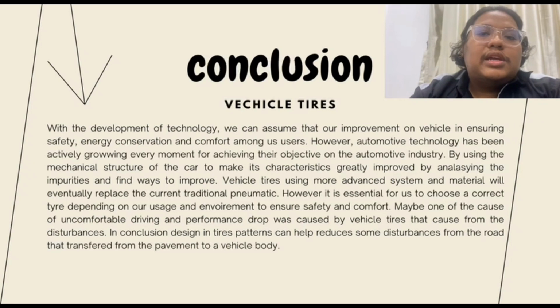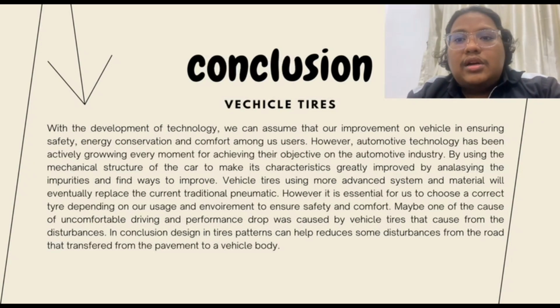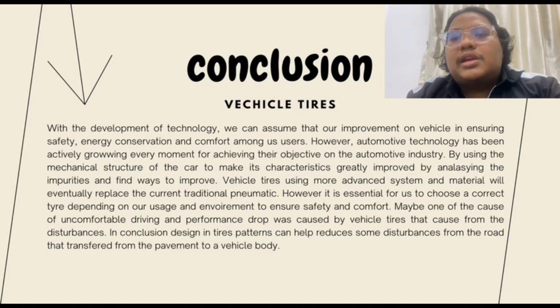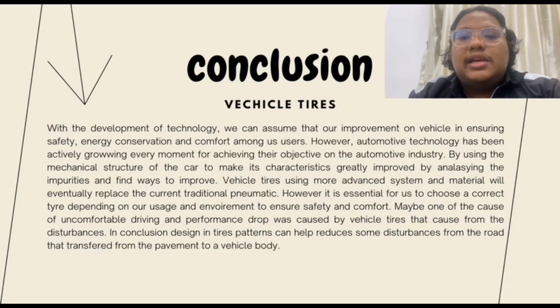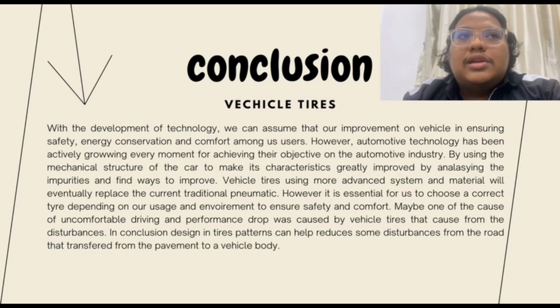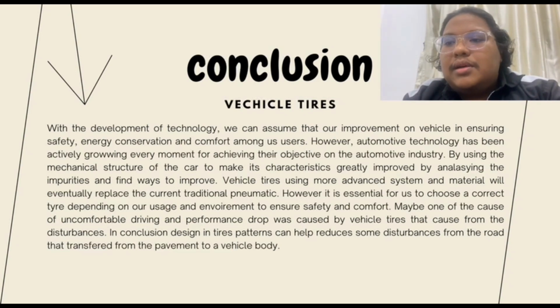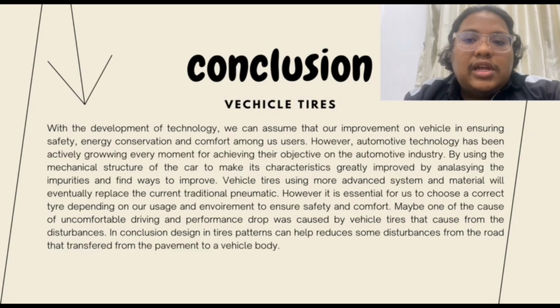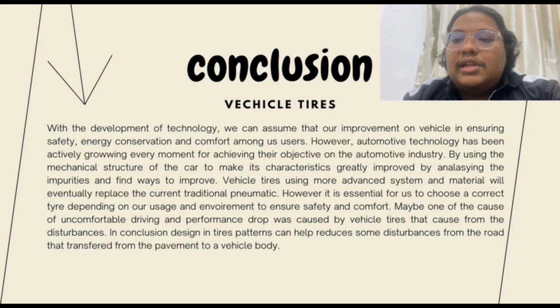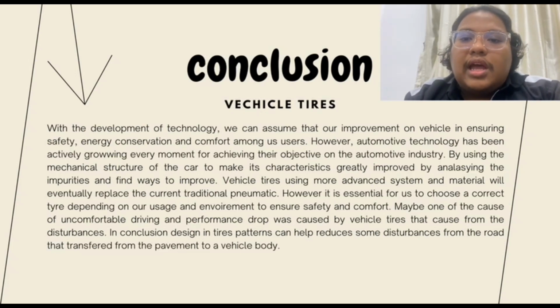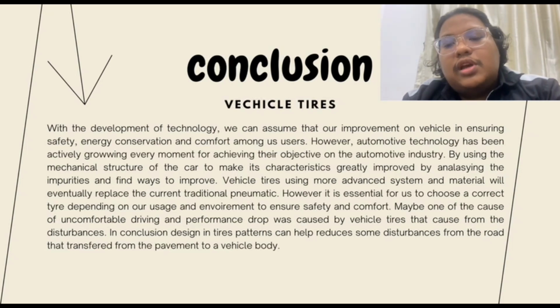By using the mechanical structure of the car, its crash characteristics are greatly improved by analyzing the impurities and finding a way to improve. Vehicle tires using more advanced systems and materials will eventually replace the current traditional pneumatic. However, it is essential for us to choose the correct tire depending on our usage and environment to ensure safety and comfort.